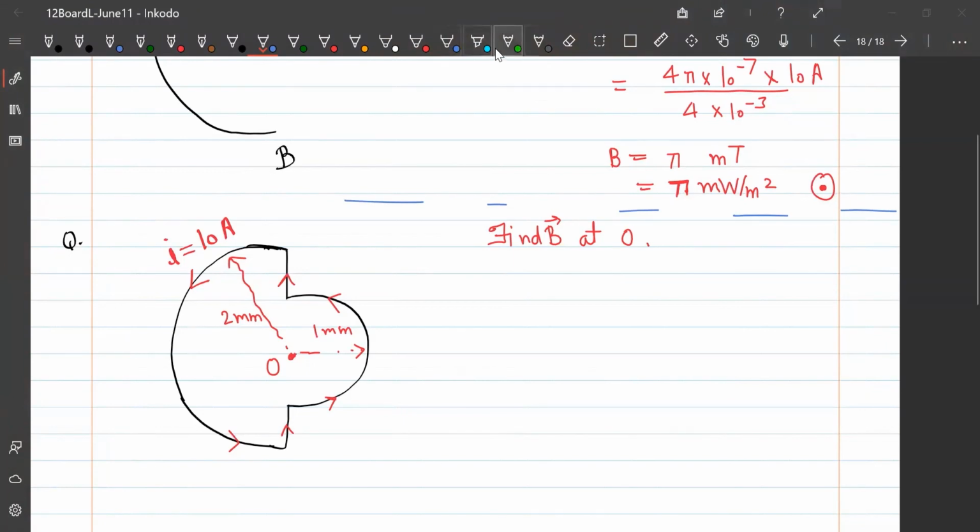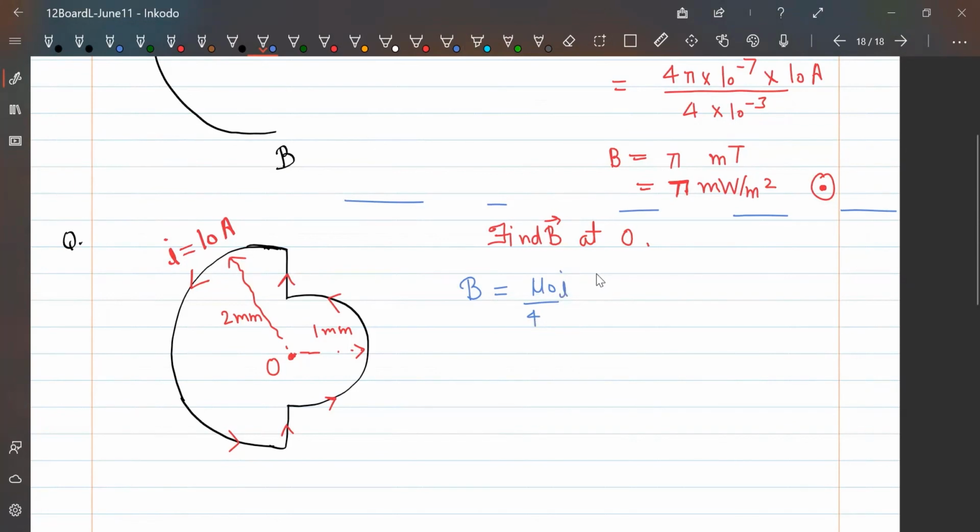Magnetic field has to be calculated due to both, and if they are in the same direction, then you have to add it. It will be 15 pi into 10 raised to minus 7, and the direction will be outward.